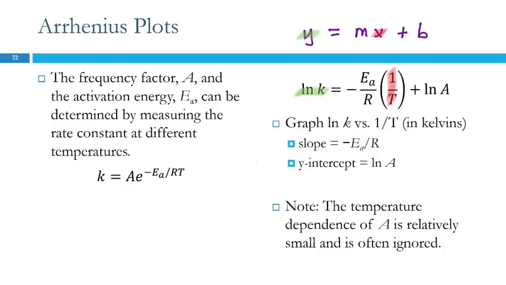Then when you graph that, negative EA over R is going to be equal to your slope, and natural log of A is going to be equal to your y-intercept. So you graph a bunch of points, and then you can calculate EA from the slope, and you can calculate A from the intercept.